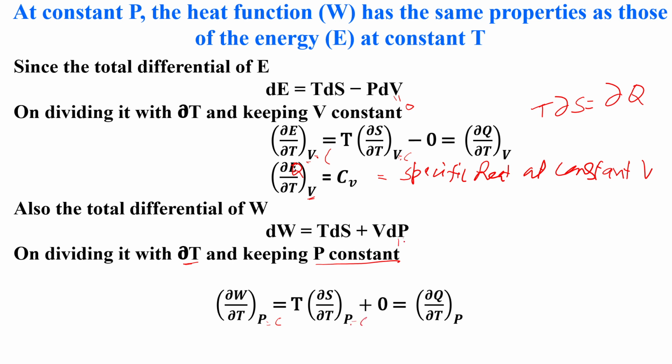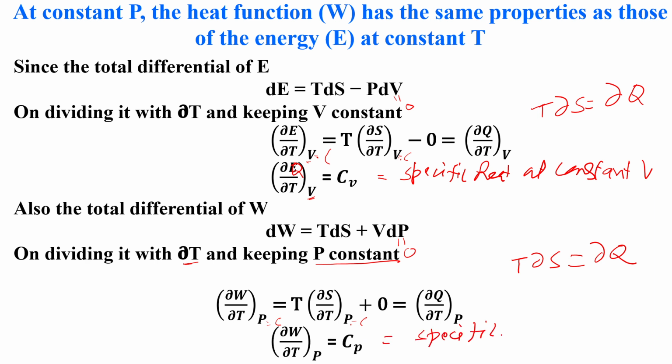At constant pressure this second term becomes 0. So TdS again is equal to curly Q. And this is called specific heat at constant pressure.